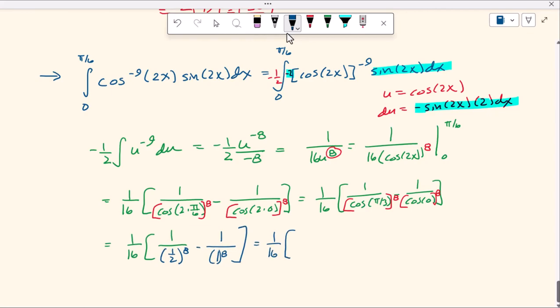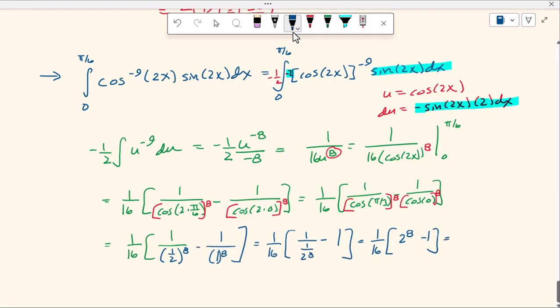When you divide by a fraction, you multiply by the reciprocal. So this is 1 over 1 over 2 to the 8th, minus 1, because 1 to the 8th is just 1. When I flip this up top, I get 2 to the 8th minus 1.